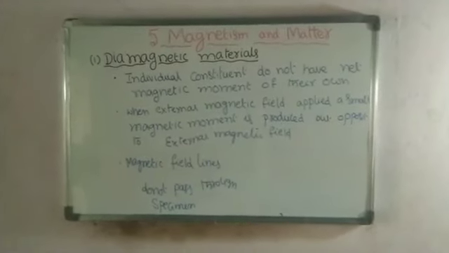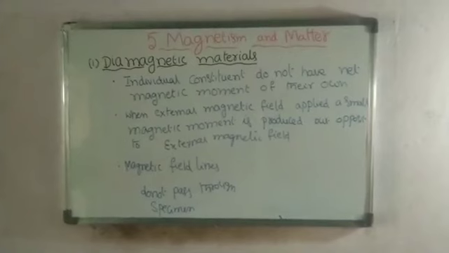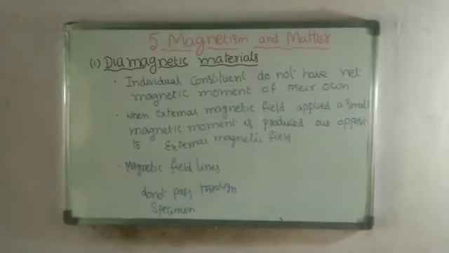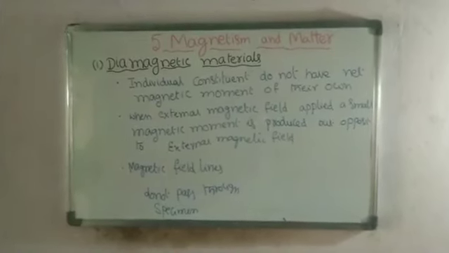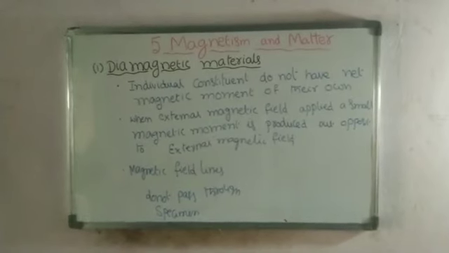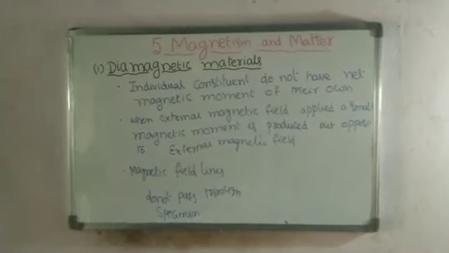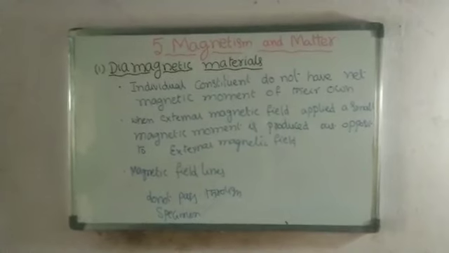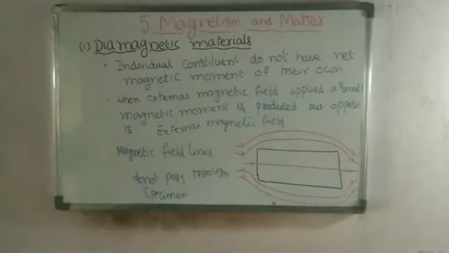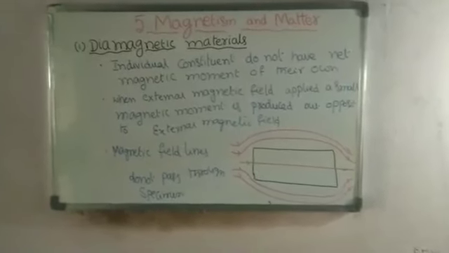So the important property concerns the external magnetic field lines. These magnetic field lines do not pass through the diamagnetic material. See the diagram.